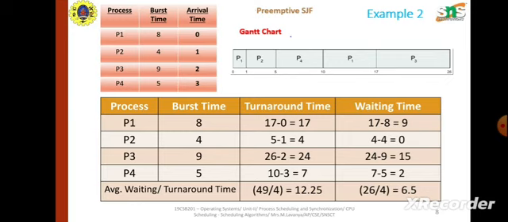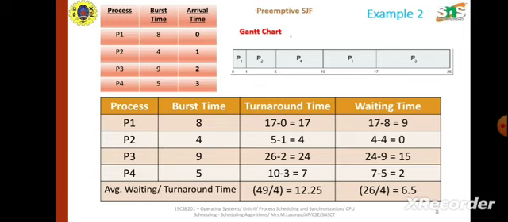P3 will be having the burst time 9 millisecond. P4 is having 5 millisecond. So P4 is having the smallest burst time. So P4 will be allocated for its execution. P4 starts its execution at 5 millisecond plus its burst time, it's 10. So the completion time of process P4 is 10.